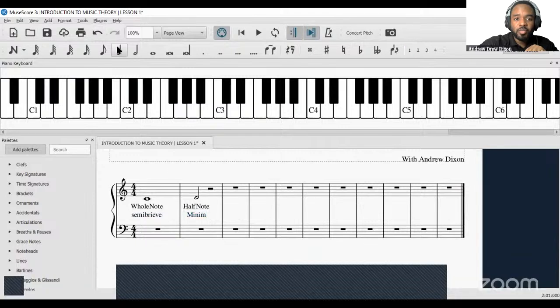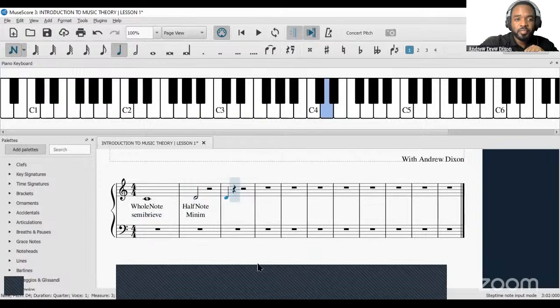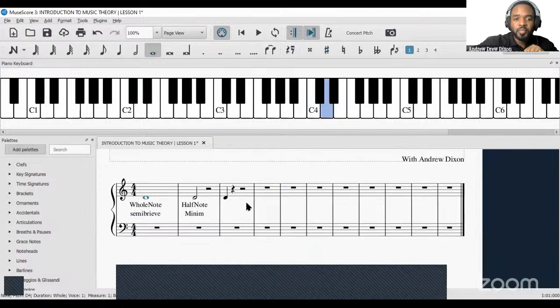Let's do another type of note. This note, in fact, what I'm going to do here, this one, I'm going to raise it up. Okay. So, just a circle, whole note, open circle, and a stem, half note, a shaded circle, and a stem.